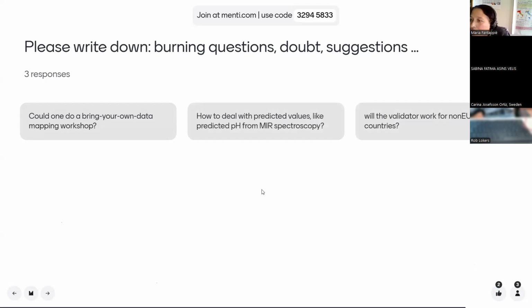Non-EU countries. Well, if you follow the EU structure, I suppose yes. Right, Stefania. Will the validator work for non-EU countries? Oh yes, yes. There is an online version of the INSPIRE validator, but there is a limit on the file size.